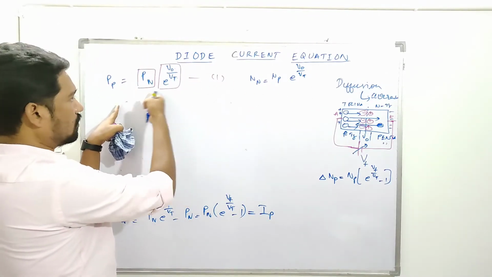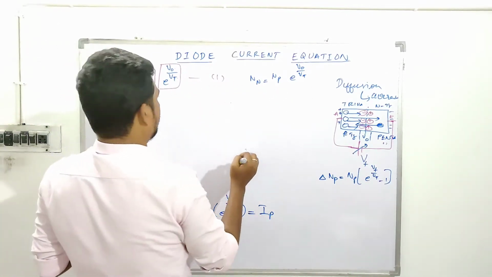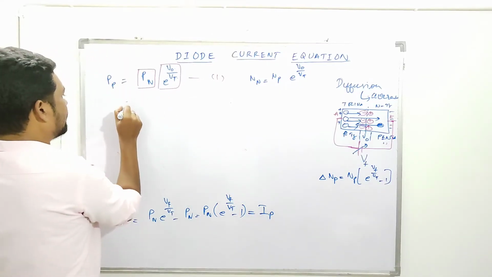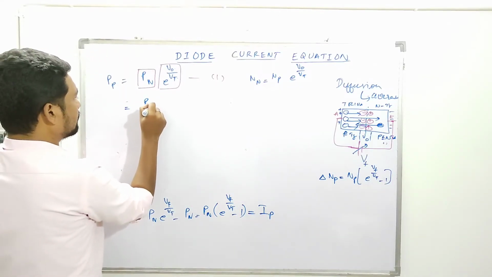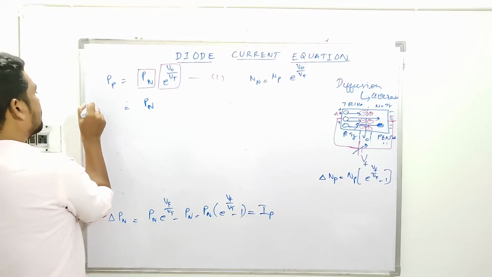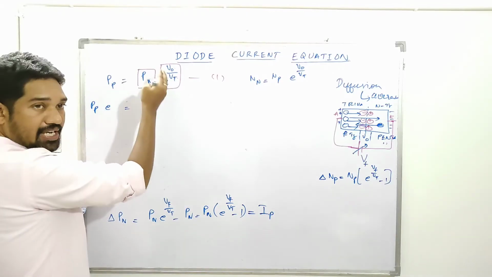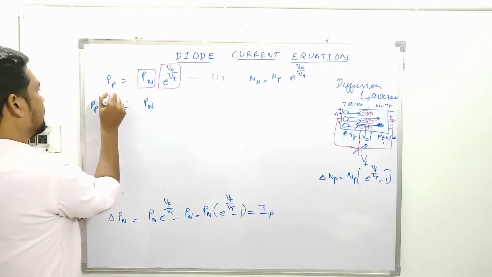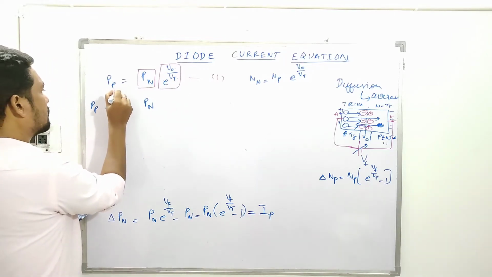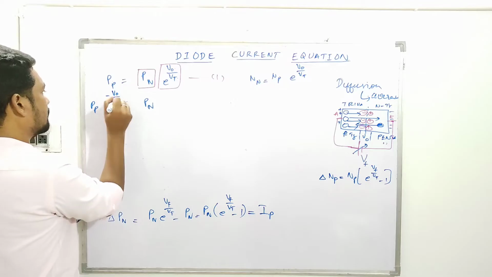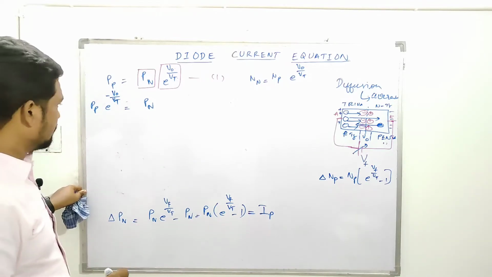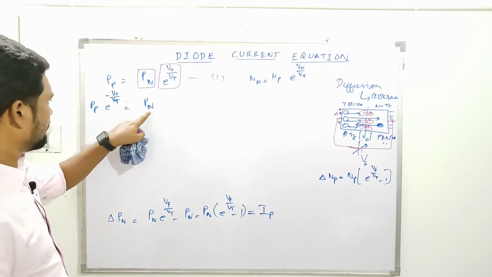Like this was for a hole and that's for electron. So in this case, what will be p_n? It will be p_p into e raised to, it's positive in the RHS, when we drag this to LHS it will be negative, V_0 upon V_T. So that is for p_n.